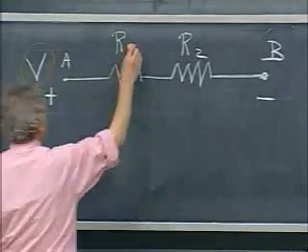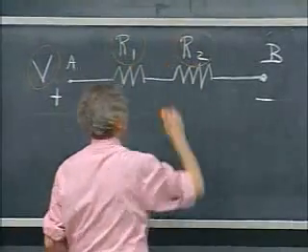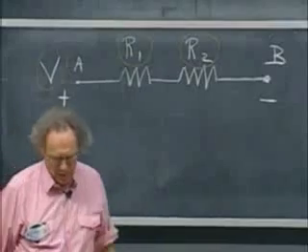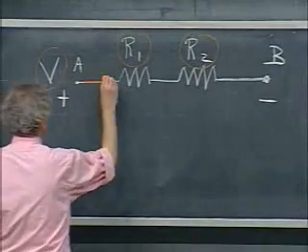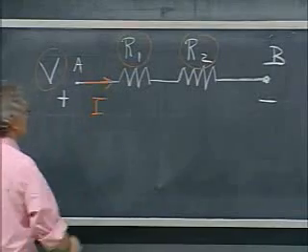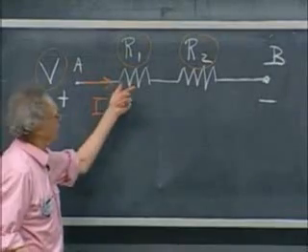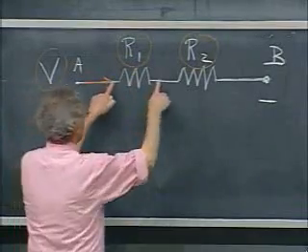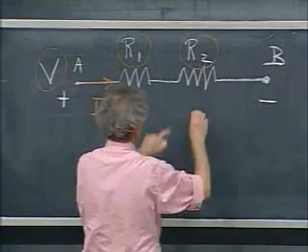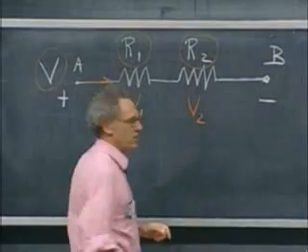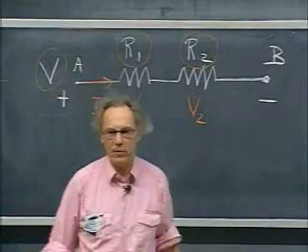I give you V, I give you this resistance, and I give you that one. So I could ask you now, what is the current that is going to flow? I could also ask you then, what is the potential difference over this resistor alone, which I will call V1, and what is the potential difference over the second resistor, which I call V2? Very straightforward question.